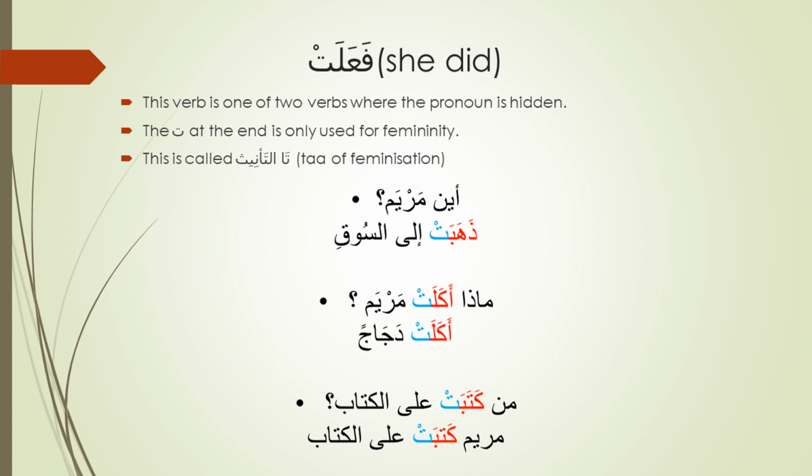No, as for the hidden pronouns, I've told you, it means that it's predicted to mean he. You have to predict and know that it's he. Because I've told you now. Predicted to mean he. And you always know when it's fa'ala, it is he. But it's not written, it's not shown that he did the action.